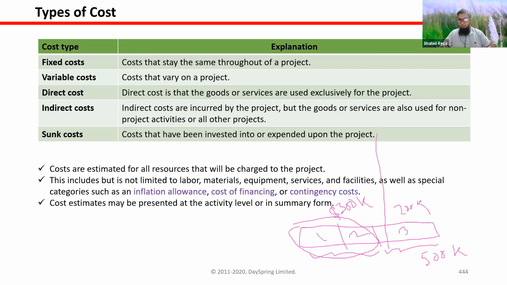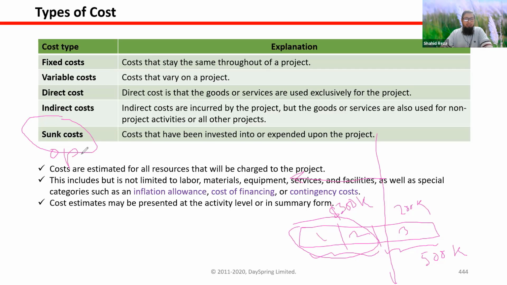So at this moment, the money you have already spent in the project is known as sunk cost. It is already sunk in the project. It is not possible to fully recover that money because it is already spent. So that is known as sunk cost.